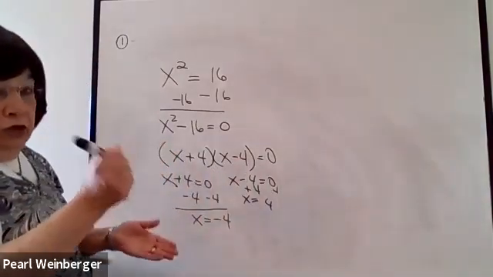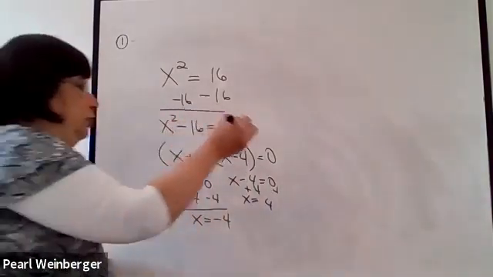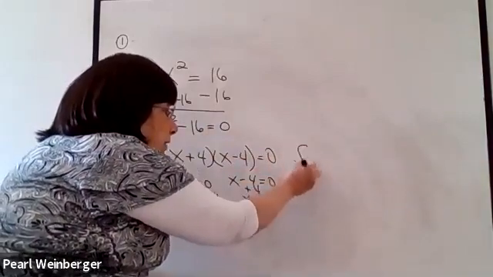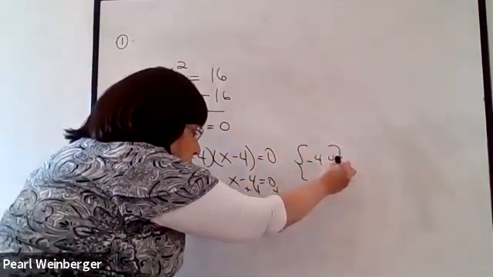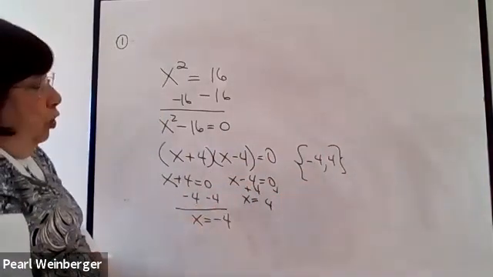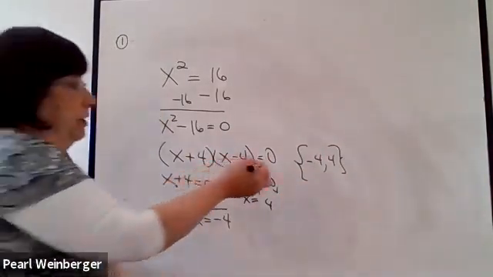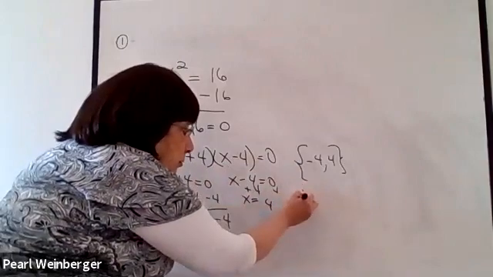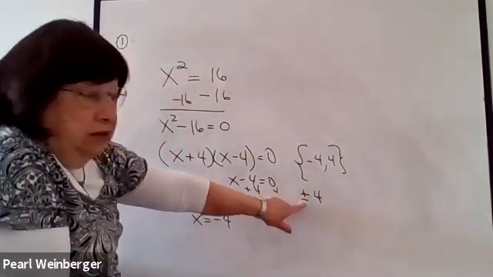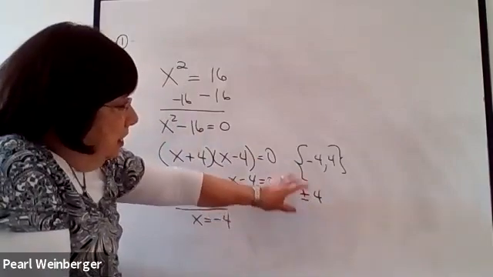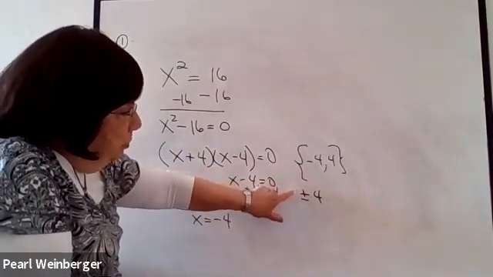You get two answers, which we can write either as negative 4 and 4, or we could have written it plus or minus 4, because this is just a symbol that tells us it stands for two things.